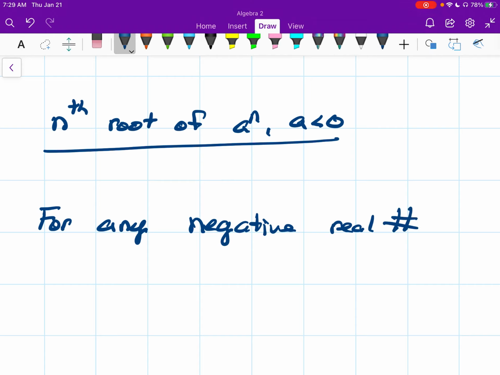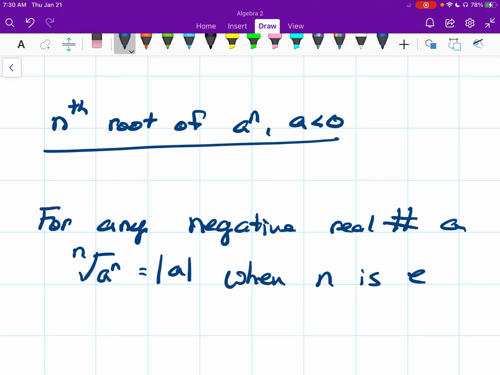For a negative real number, and we'll call it a, then the nth root of a to the n is the absolute value of a when n is even, okay?